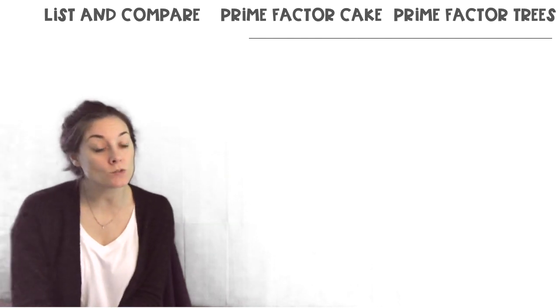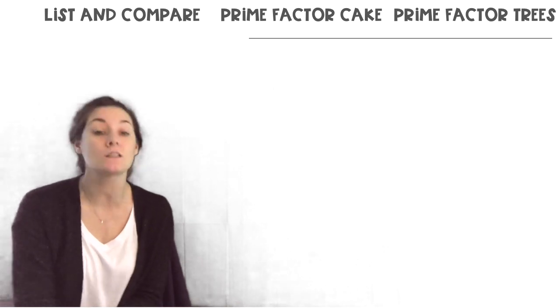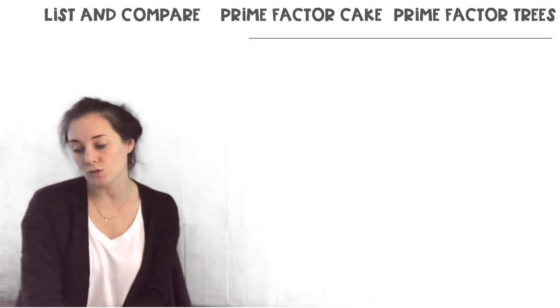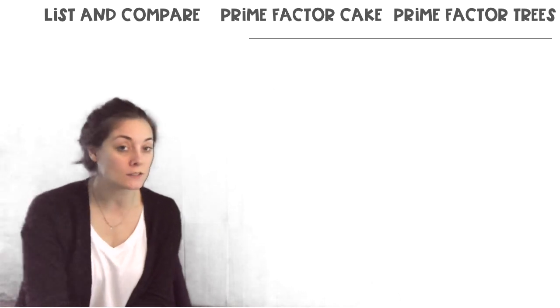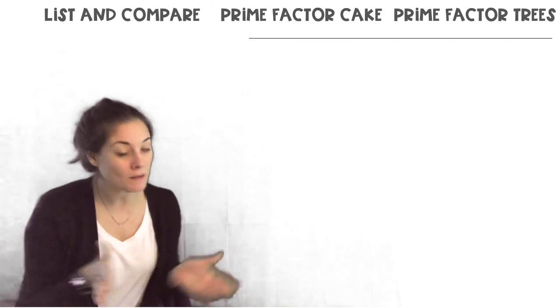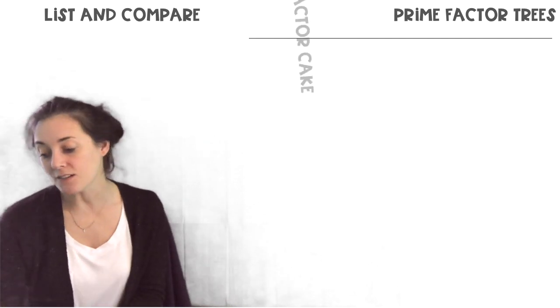When you get into middle school and high school and we start factoring polynomials, we use the cake method or the continued division method. So that's why I like to show the cake method, but I also like to show that you can do this with the factor tree.